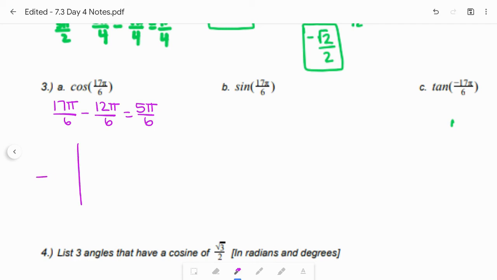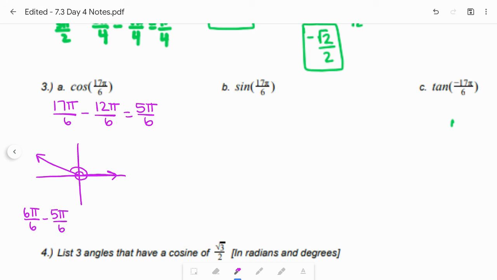So if we sketch this, I know I'm going 1 time around and then 5 pi over 6 is right about here. So my angle looks like that. Find out my reference angle here. So to find out my reference angle, I'm going to be taking pi, which in this case, since we have a denominator of 6, I'm going to say that that's 6 pi over 6, and subtract out 5 pi over 6.